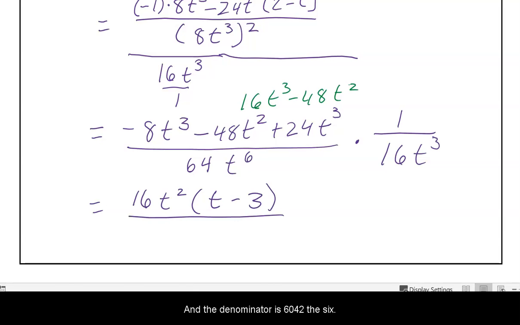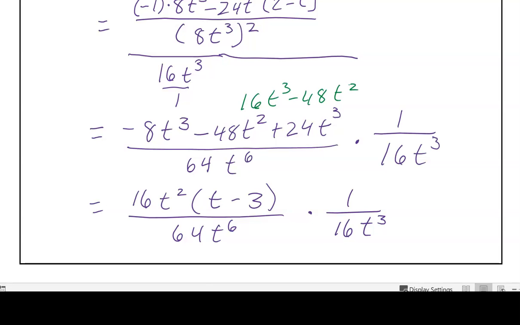And the denominator is 64t to the 6th. And this one is 1 over 16t cubed. And then I can do some reduction. The 16s will cancel. And I've got a t squared, which will cancel 2 of those 3 and leave me with t. And I think that's it. That's all I can do.